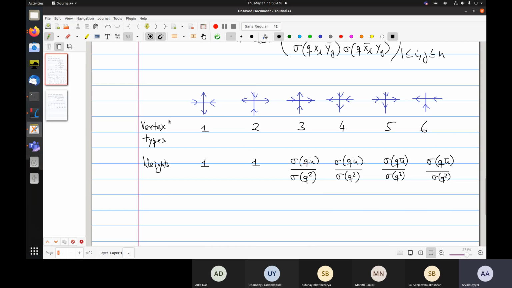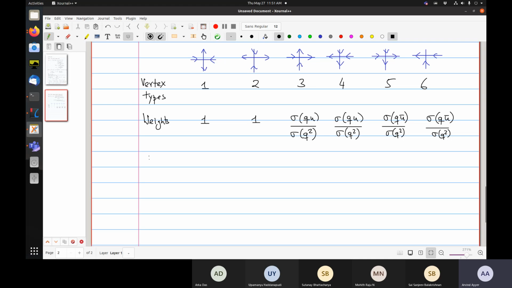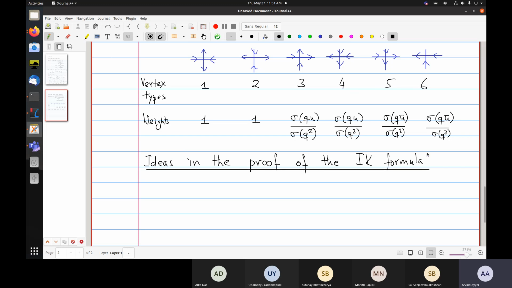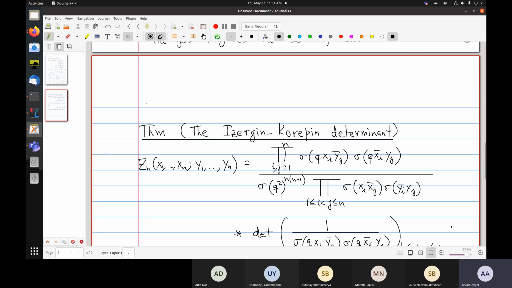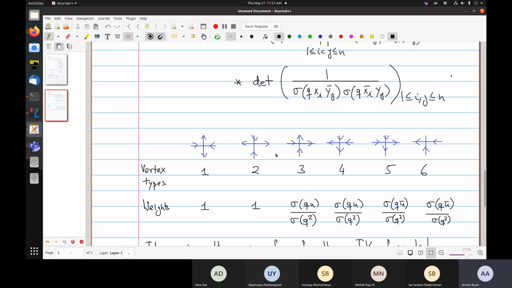So for our convenience, I have copy pasted these vertex types and weights, and so let me explain the ideas in the proof of ARK. These are important formulas. So this is already copied. So this is the statement of the theorem, and these are the weights.